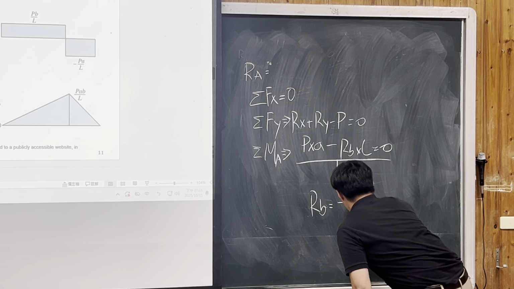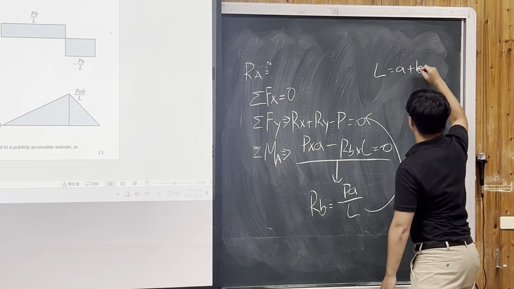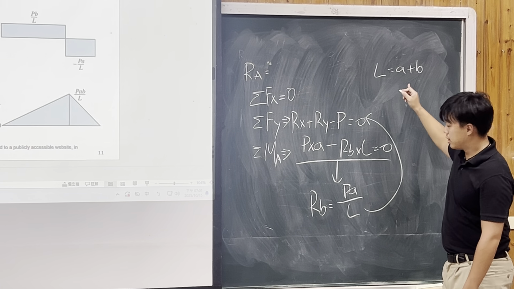And from this part, keep in mind L equals A plus B, right? Yeah. So RA equals PB over L plus A over L, this part is 1.